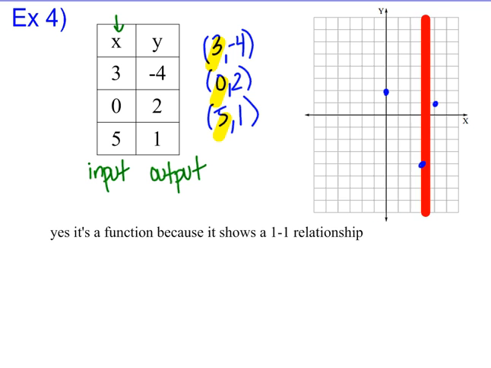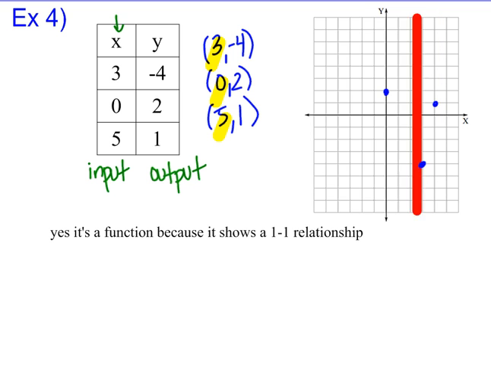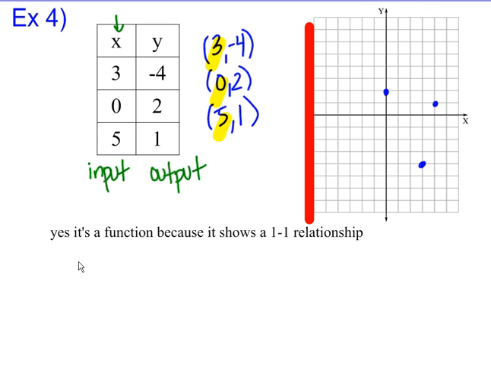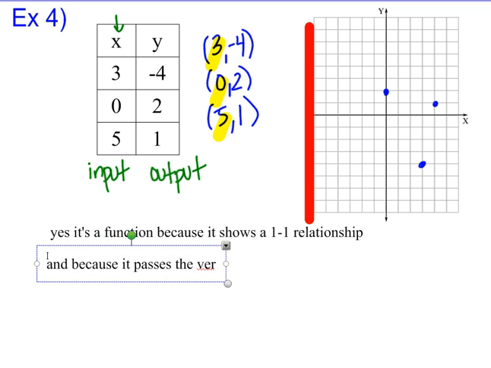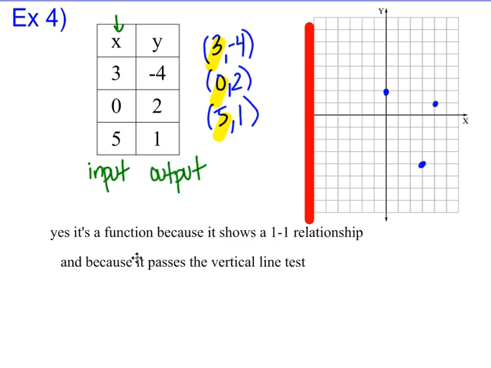If it only touches in one place, then you know that this is a function. So we can add to this that it's a function because it shows a one-to-one relationship and because it passes the vertical line test. Okay? Now, we can take a look at this. Remember I said a moment ago that this is a parabola.